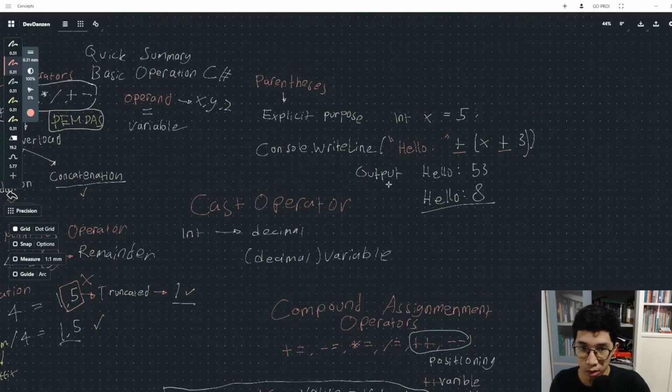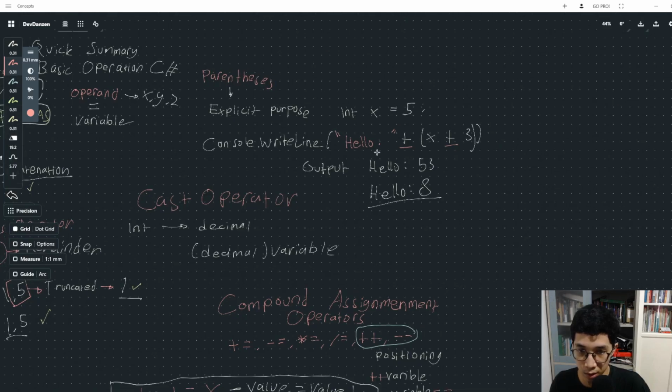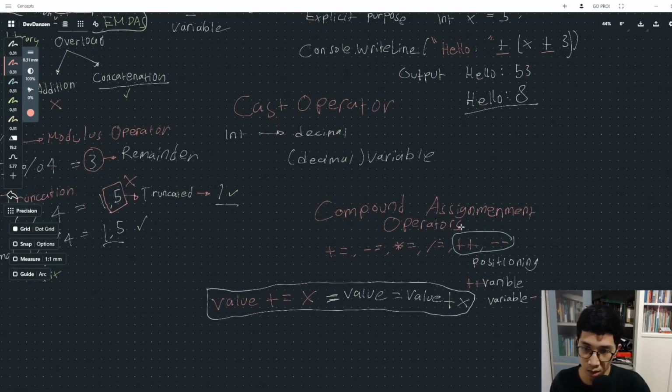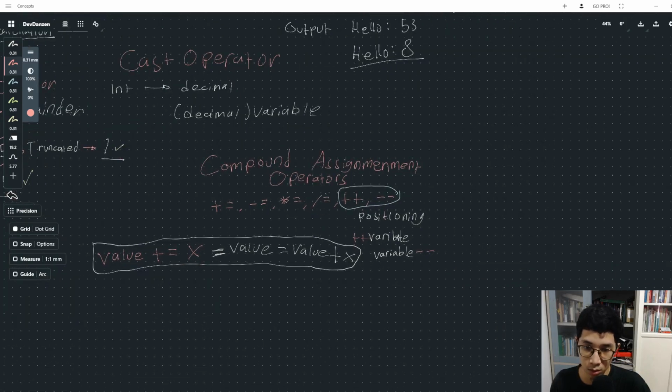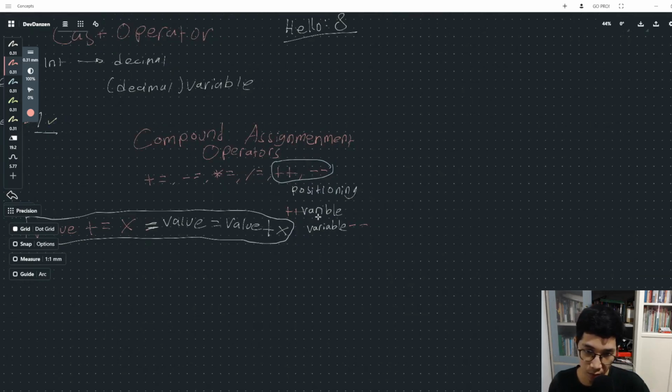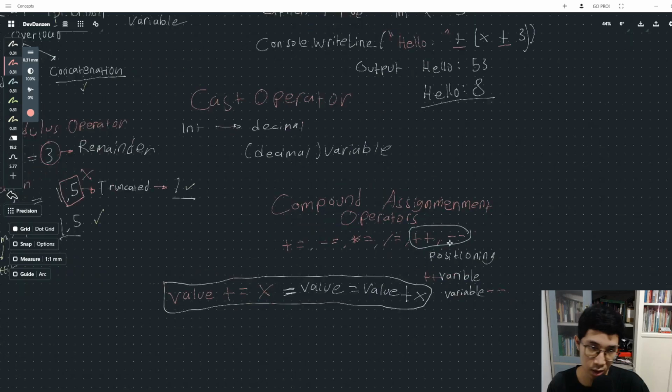And then we also see the Console.WriteLine and the example that works, and why it doesn't work. Compound assignment operators, there are so many of them. Also positioning is much more important: plus plus before the variable will increment first, but increment or decrement after the variable will happen after that line. So in that moment it will not be incremented or decremented, but the next line will be.